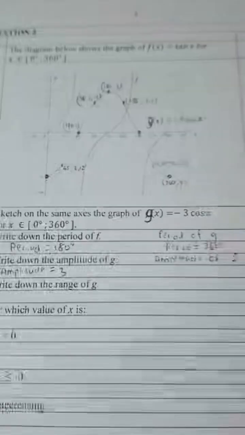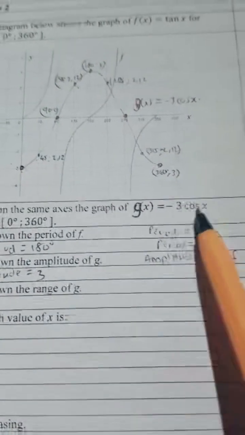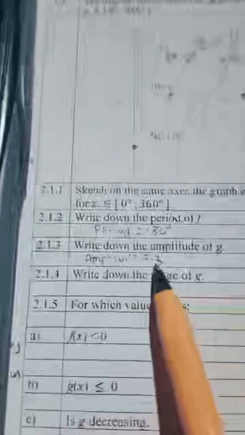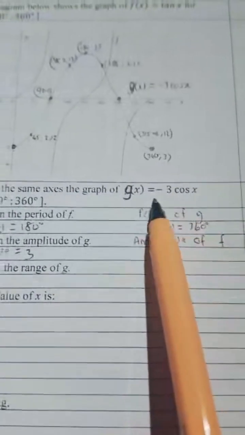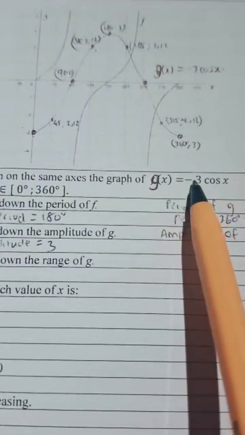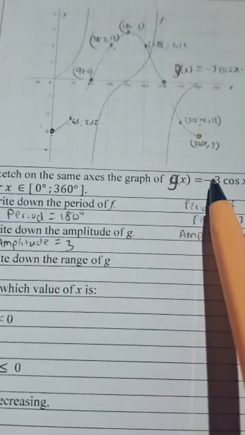And I'm sure you guys can probably understand why someone would say that the amplitude of the tan graph is 1, okay? Remember, when I asked you about the amplitude of G, I said the amplitude of G is going to be the value of the coefficient, but we ignore the sign, okay?